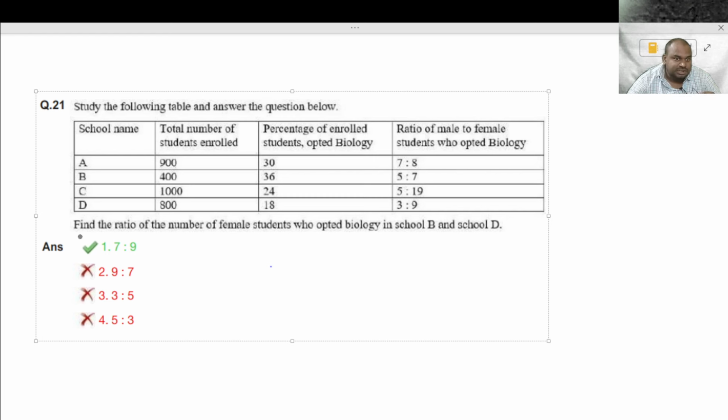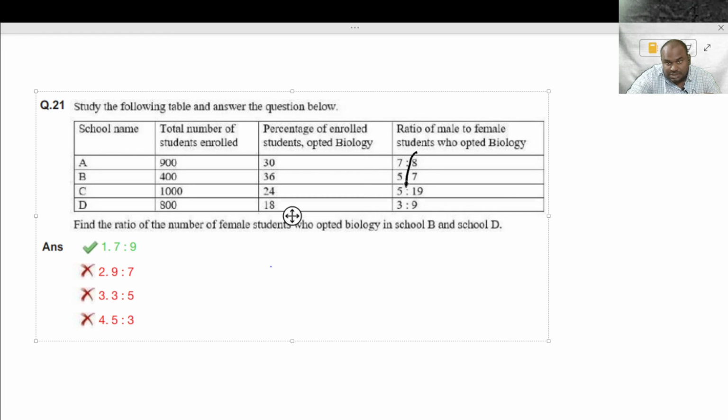Now, what is he asking? Find the ratio of the number of female students who opted for biology in school B and school D. He is asking only about female students, which means the other section, this part.